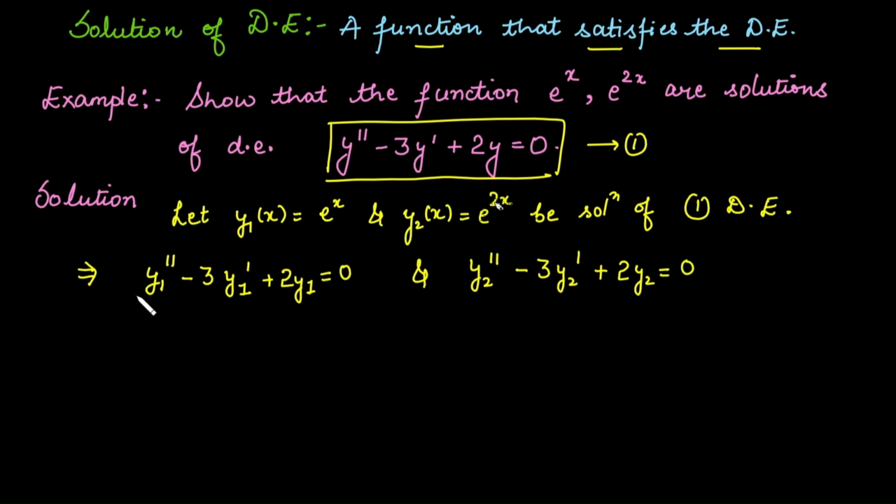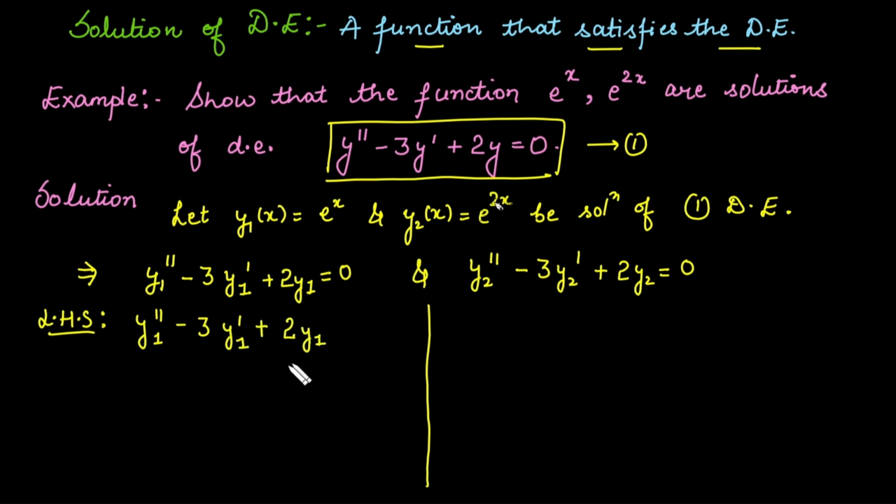So starting with the first case, on the left hand side we need to calculate the second order derivative of the first function minus 3 times the first order derivative of the first function plus 2 times the first function.